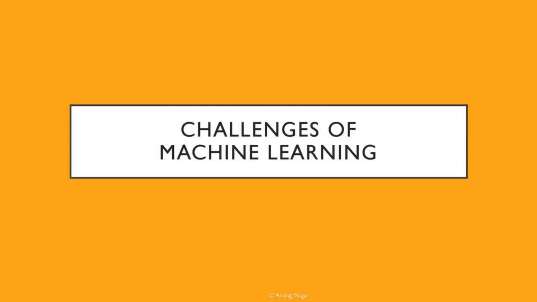Yeah, the answer is, there are many things that we cannot really train the machine to do. So it's not such an easy task. If it was as easy as that, then everything would be replaced by machines.